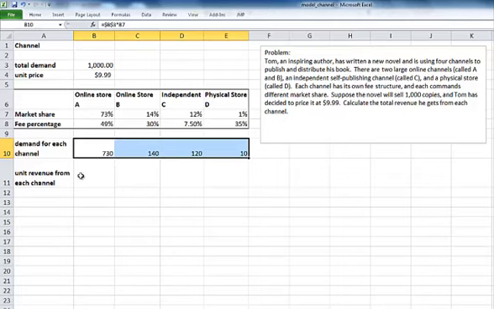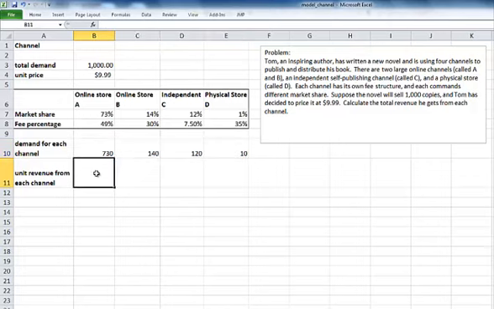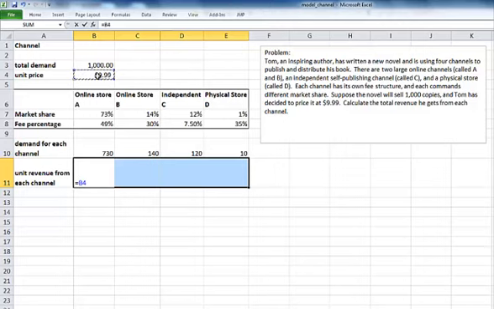Now unit revenue is basically the unit price, the retail price, times the percentage that Tom will get. The percentage itself is 1 minus the fee. So we could also use a formula like the following: equal to, select all of them, the unit price.